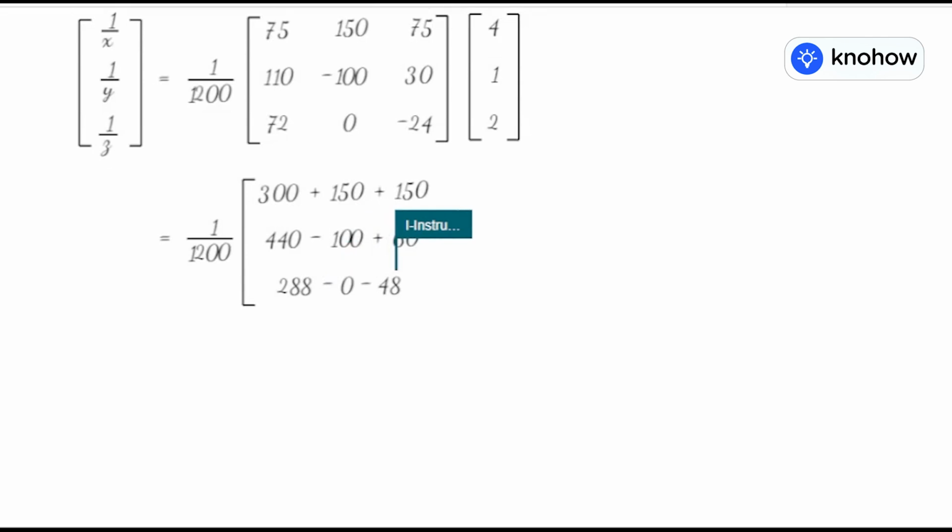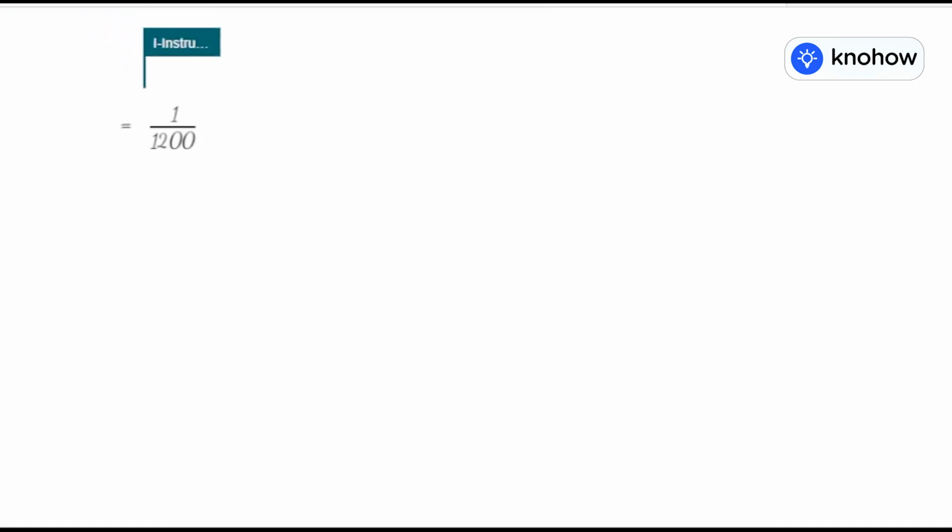So you work out, you get 1 by 1200 still outside, and you add the elements, you get 600, 400 and 240.